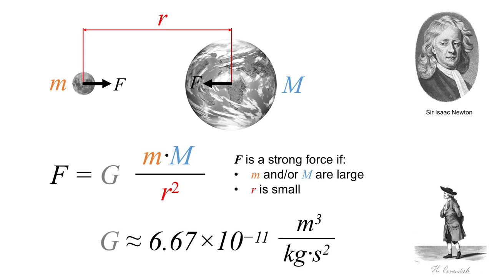However, in order to apply Newton's formula, we need a value for the gravitational constant, which actually was not determined until the end of the 18th century, when British scientist Henry Cavendish carried out a laboratory experiment that provided an accurate value. And still today, no physical theory exists that can compute g numerically.